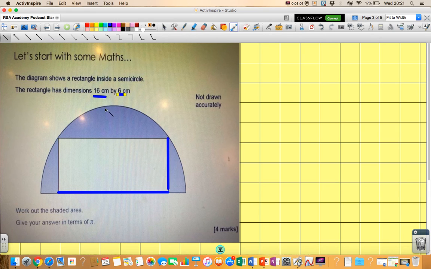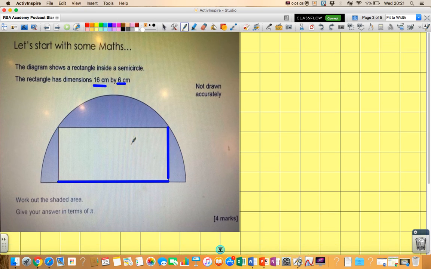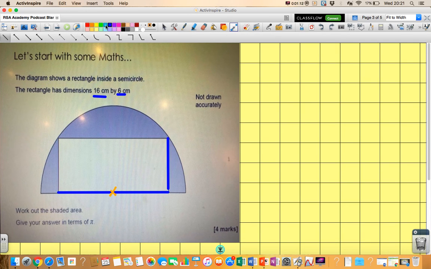And if I take the middle, which is about here somewhere, and then if I was to draw a line from the center of the rectangle to the outside, what you'll actually have is that then actually becomes the radius. Okay. So if I do that here, that actually becomes the radius.